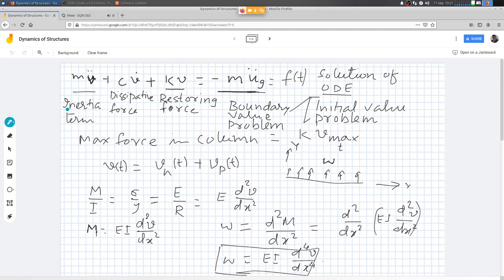Right now, that's an extension, a generalization of what we already know as the static solution. Ku is equal to P, that's your static equation of equilibrium.